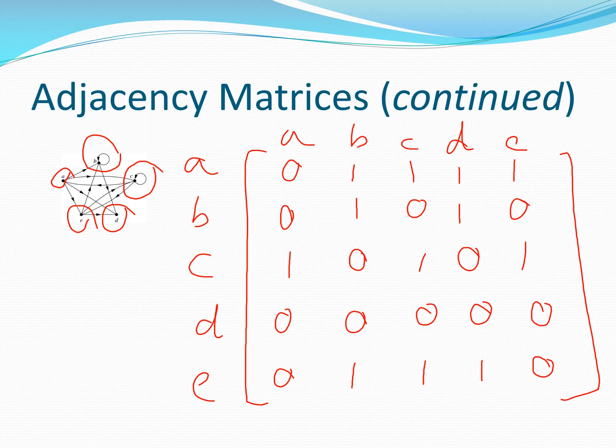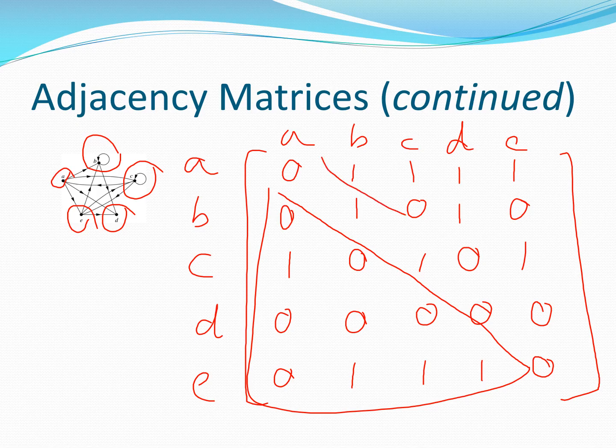All right, so if you notice here, your upper triangular and the lower triangular matrix are not the same. That's your upper triangle, and this is your lower triangle, and they are not mirror images of one another.